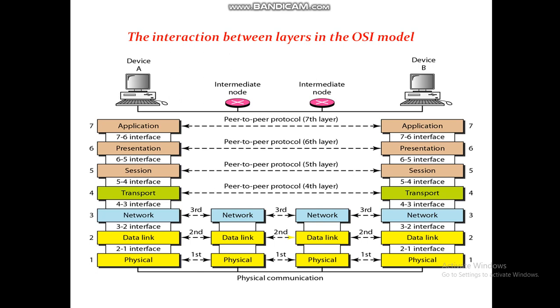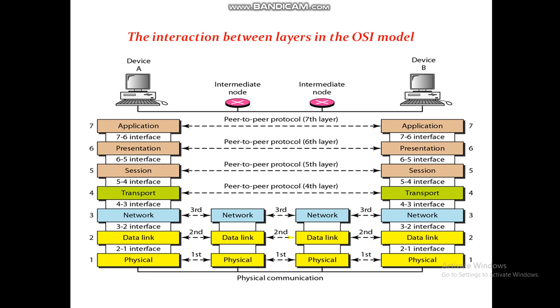Then the same figure is explained in other words. Only one figure has to be drawn for exams, and this figure explains the peer-to-peer communication. That is the only difference between the previous figure and this figure.